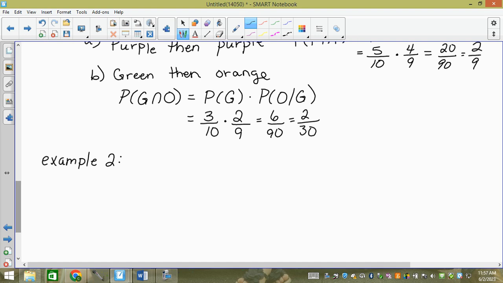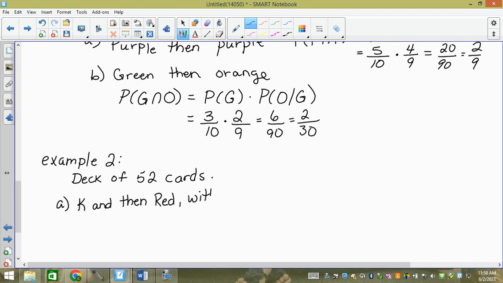Okay, we're doing a deck of 52 cards. A, a king and then red, without replacement. B, 4 and then red with replacement.